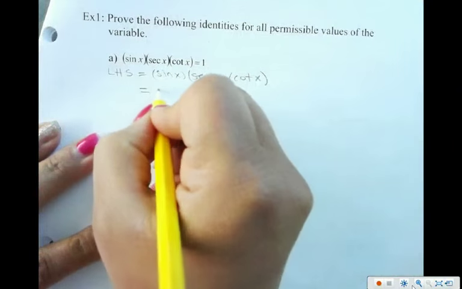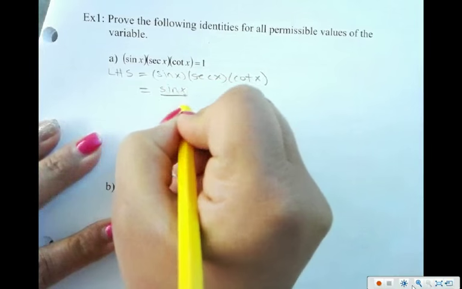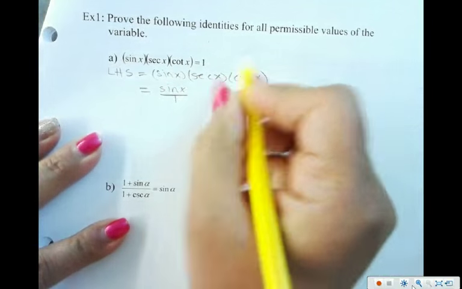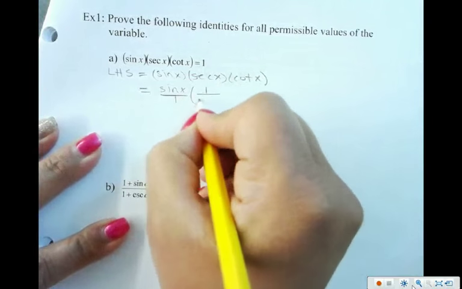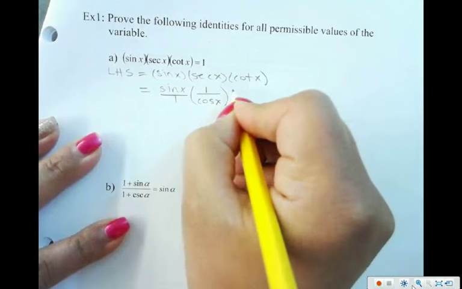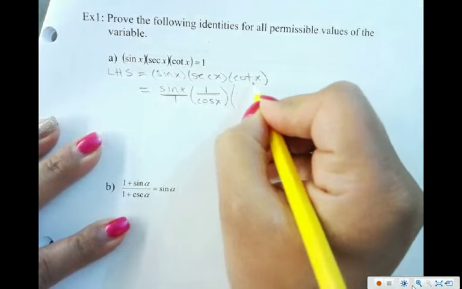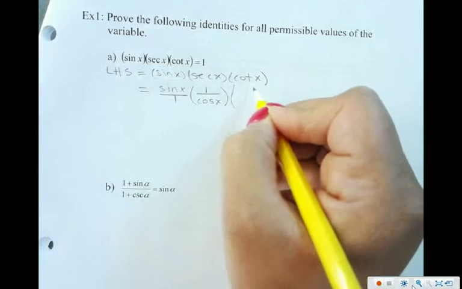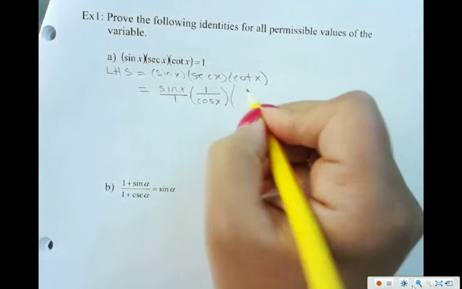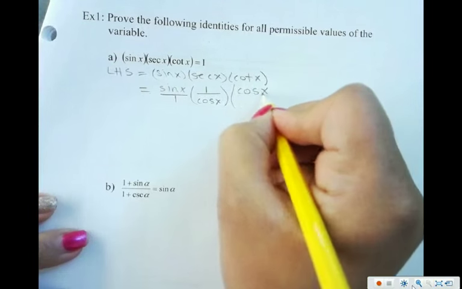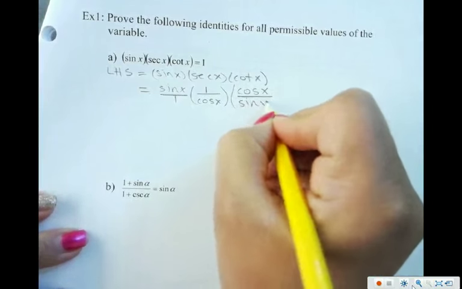I'm going to rewrite everything in terms of sine and cos. So sine over 1. And then what is secant x? It's 1 over cos. And then what about cotangent? That's 1 over tan, right? And that's cos over sine, so this is going to be cos x over sine x.